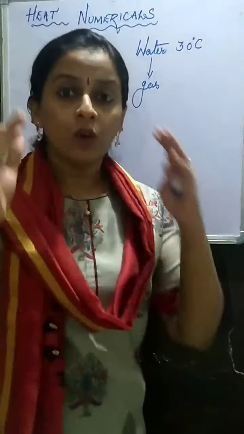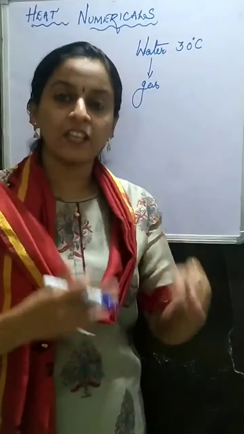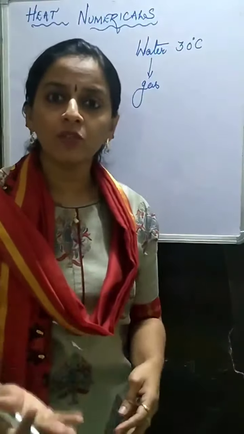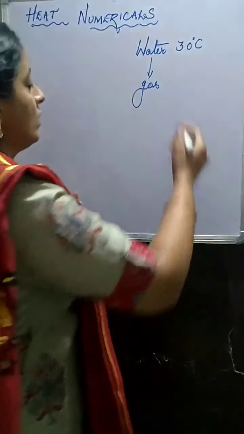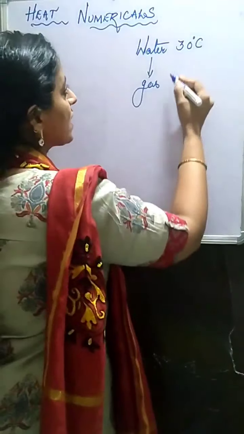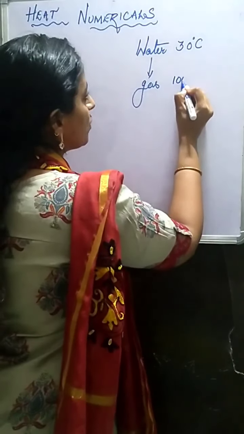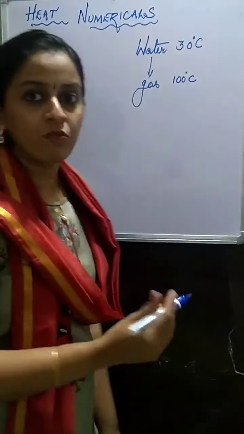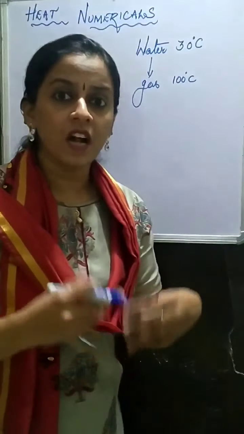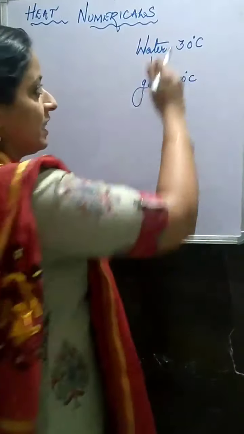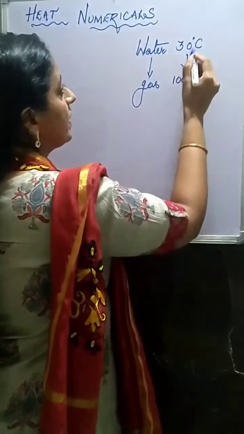Slowly, as you heat, talk to yourself and understand it in your own language. When you heat water, the temperature will start increasing. So the temperature will increase and it will reach 100 degrees Celsius, where the water will start boiling.